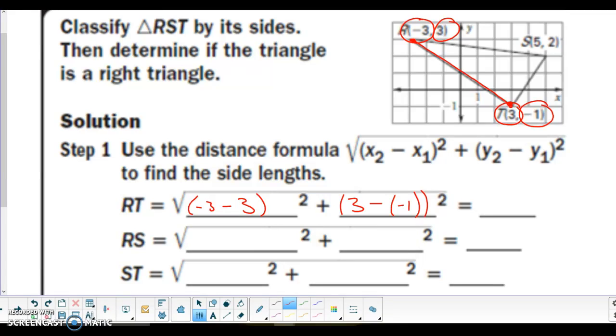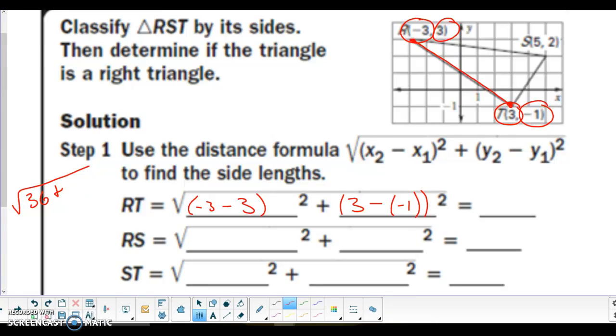Just following the formula. So now we get -3 minus 3. What does that come out to? So -3 minus 3 is -6. But when you square it, what is -6 times itself? Positive 36.